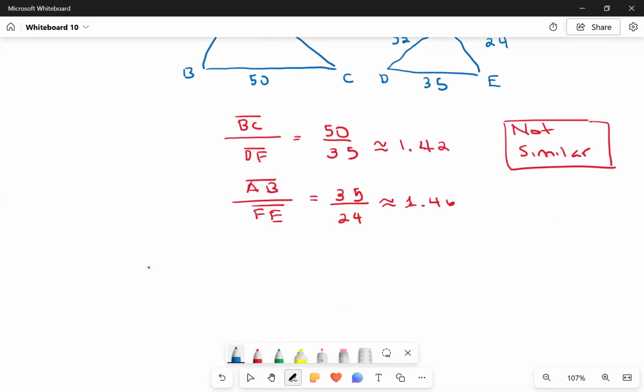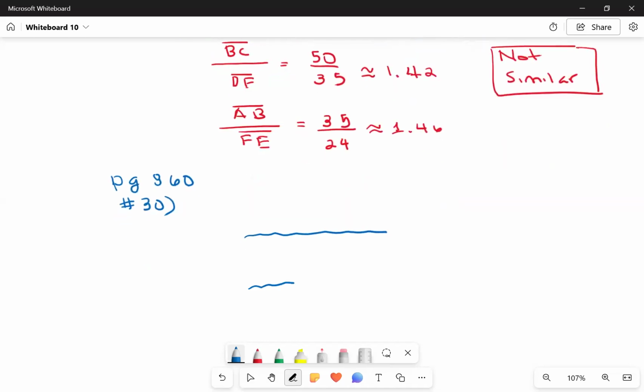I want to look at number 30. I think it's a pretty decent little application. It's on page, let's see, I'm going to actually physically turn it into the book, page 860. And this one, they have a river, and they want to measure the length of the river, which is kind of difficult.